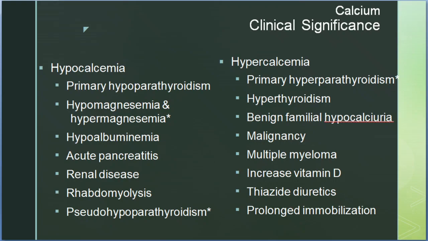Hypomagnesemia may cause hypocalcemia by 3 important mechanisms. Tatandaan, first, it inhibits the glandular secretion of PTH across the parathyroid gland membrane. In short, i-inhibit niya ang pagsisikret ng PTH, kaya mababa ang calcium level. Pangalawa, it impairs parathyroid hormone action at the receptor site on the bone.